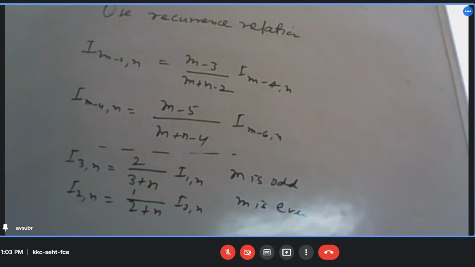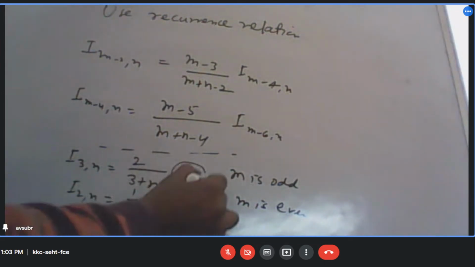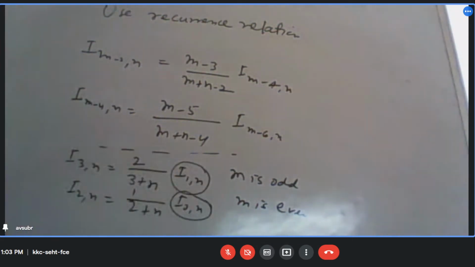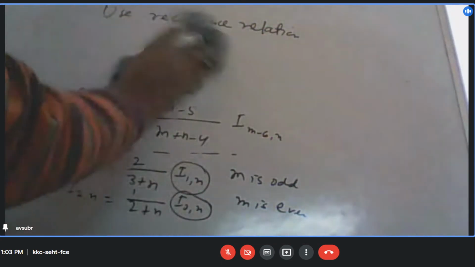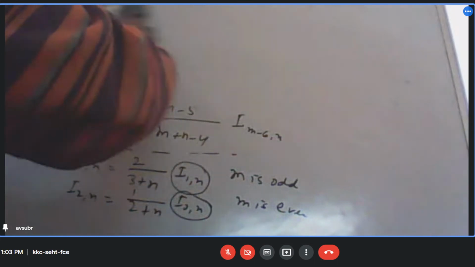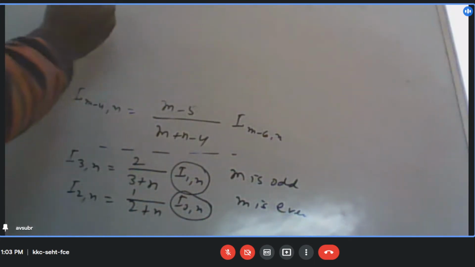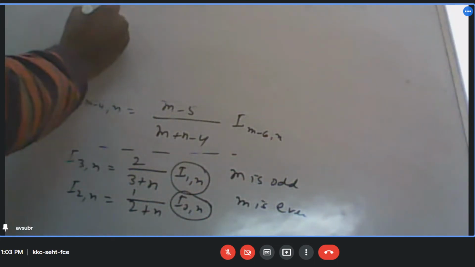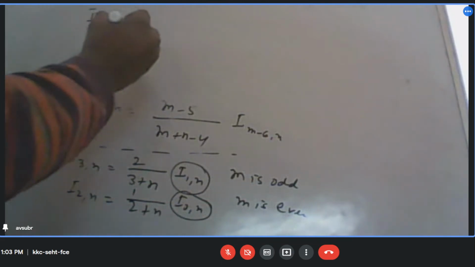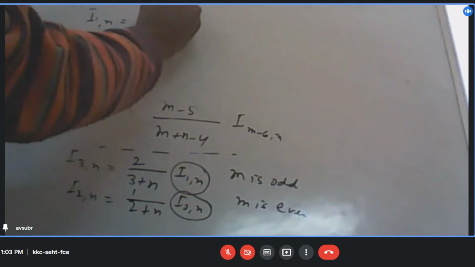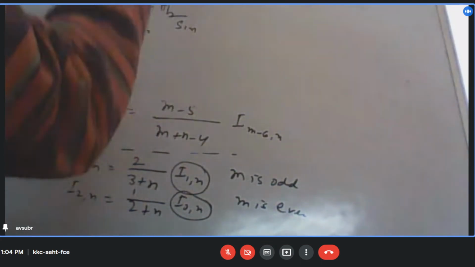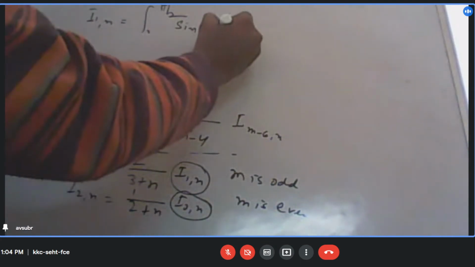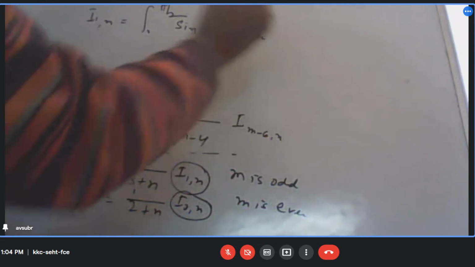So now we have to find out these values, I 1n and I 0n, right? So let us find out that also. So I 1n will be equal to integral 0 to pi by 2 sin x cos to the power n x dx.